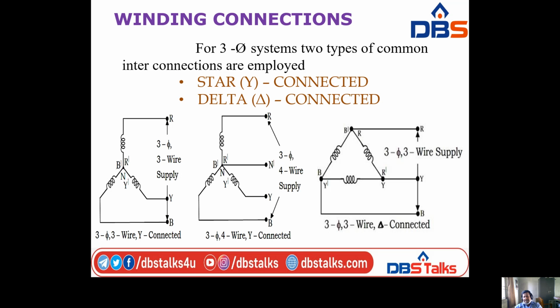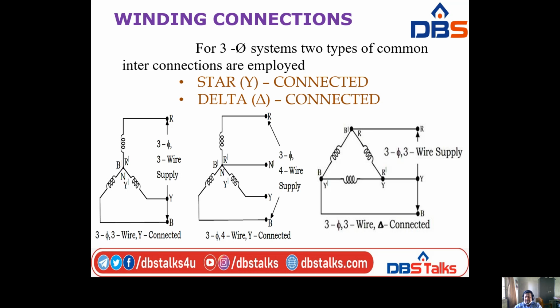So another connection is the delta connection. Look at the figure clearly. Whereas in star connection, one side of all three phases is connected to the line and the other side of all three phases meets at one point, called the neutral point, in the delta connection all three phases are bunched together to form a triangular or delta shape.